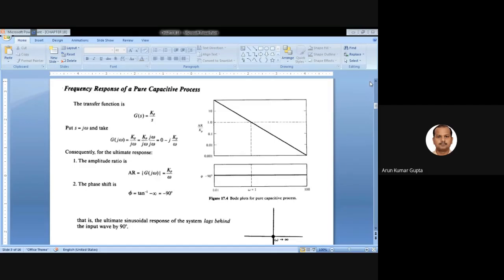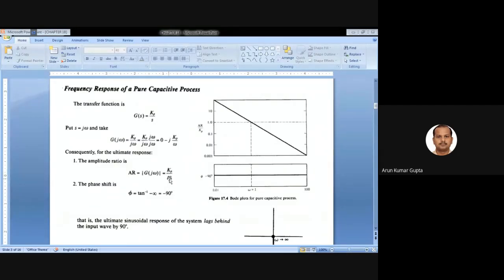s equal to j omega, and you will find the transfer function is Kp upon j omega. You can multiply j omega in both numerator and denominator, so you will get 0 minus j Kp omega. It means this is a totally imaginary function. So what is the AR value for this? It will be Kp by omega, or you can plot AR upon Kp, which will be 1 upon omega.